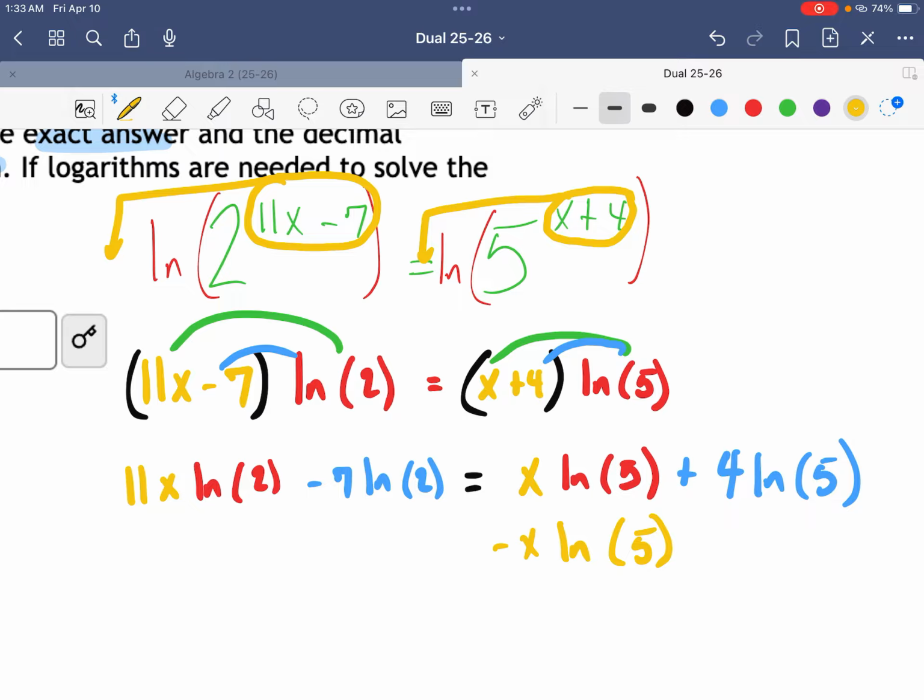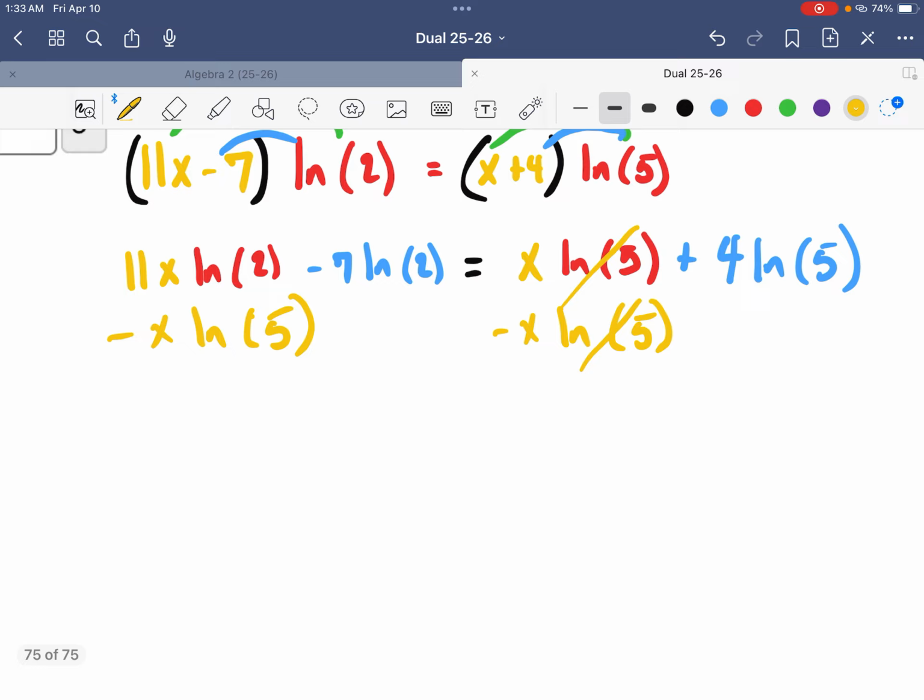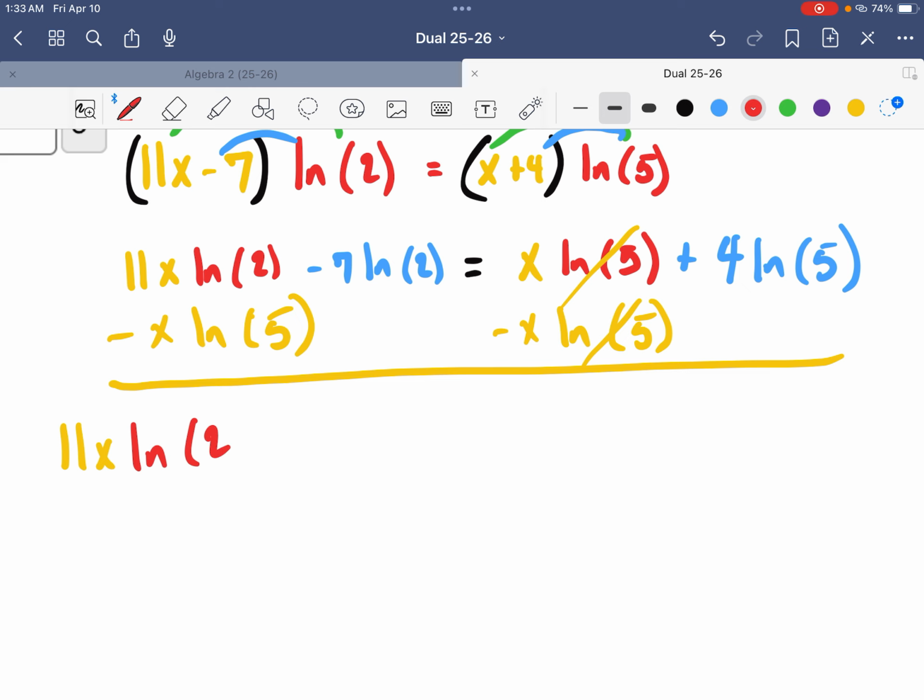I'm only moving this one, so minus x ln5. Those cancel. So right now, what I have is 11x ln2, and then underneath it I have minus x ln5.